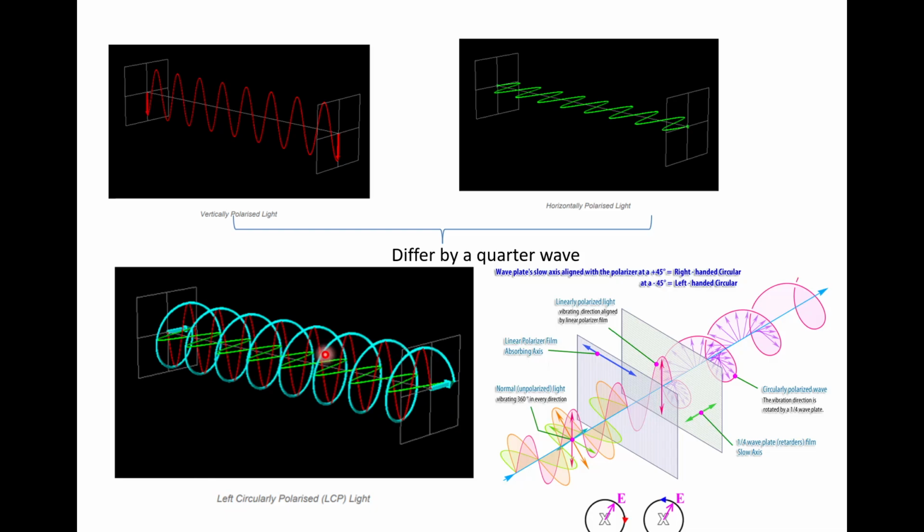Now, what people found out is that when you pass the right-handed polarized light and the left-handed polarized light through a matter, the matter will not behave the same for both. So there is some kind of difference in the absorption of the right-handed and the left-handed polarized light, and we make use of this difference of absorbance in circular dichroism spectroscopy.